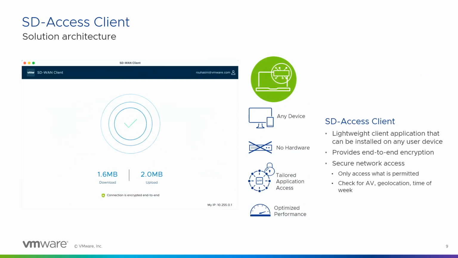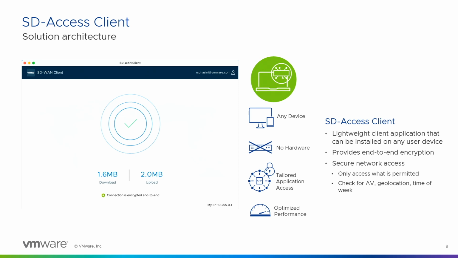The SD-Access client, this is a screenshot from the SD-Access client application on a laptop. When we install the SD-Access application and log into it, there are two ways. You can either use the local username and password to log into the application, or use an IDP like Okta, Ping Identity or Azure AD, any of these IDPs to log in.